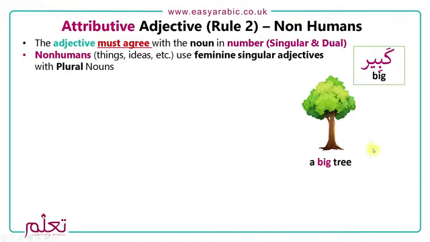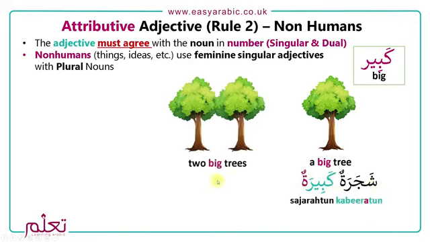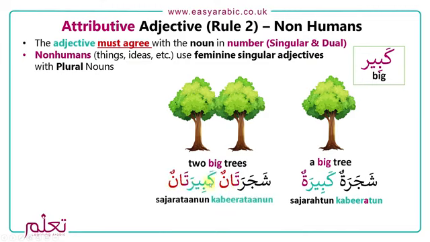We'll do another one. Here it's a big tree. Tree is shajara, shajaratun. Because this ends with ta marbuta, we need to end the adjective the same way: shajaratun kabiratun. Two big trees, with the same rule we've been applying, is shajaratanun kabiratanun.